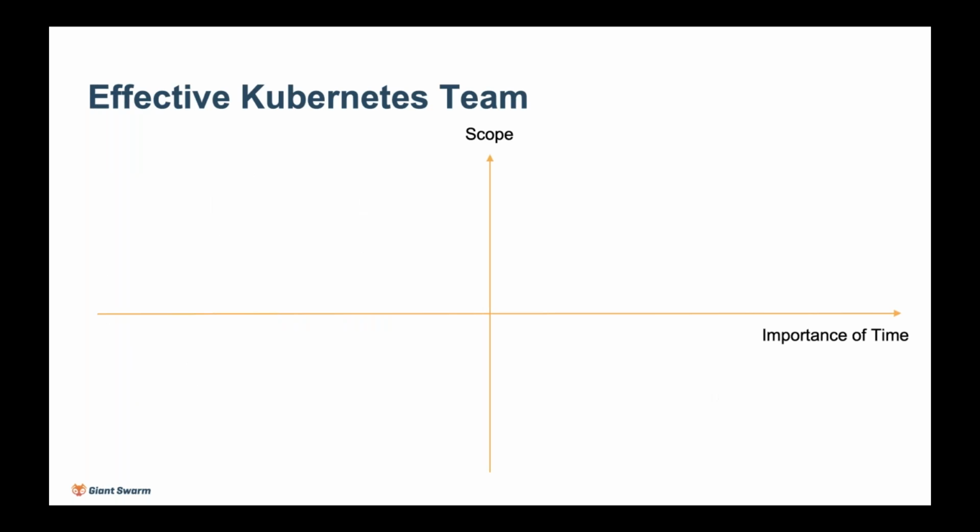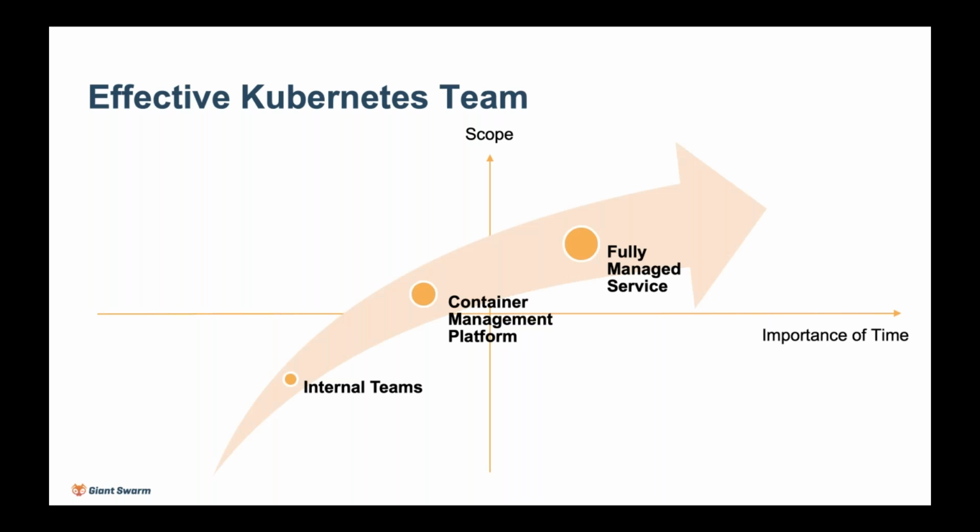Just to help guide your decision on an effective Kubernetes team, as I said, scope and cost are tightly aligned. So I drew up a two-dimensional graph with scope on the y-axis, and the x-axis is the importance of time, so not how long it takes, but how important time is. If scope is limited and time is abundant, then internal teams make total sense.